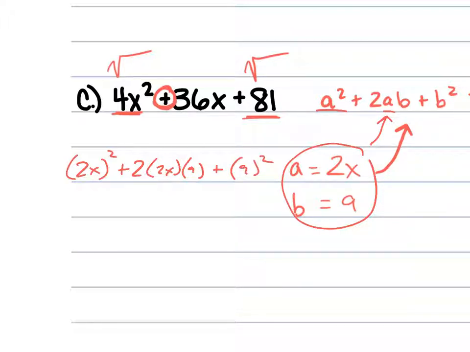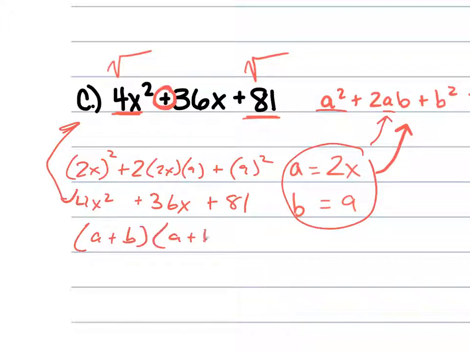If these end up as the same thing, then I can use this method. So this becomes 4x squared, this becomes 36x when I multiply that out, and this becomes 81. These are, in fact, the same thing. Therefore, all I need to do is write the answer just like this and plug in a and b. What is a? What is b?